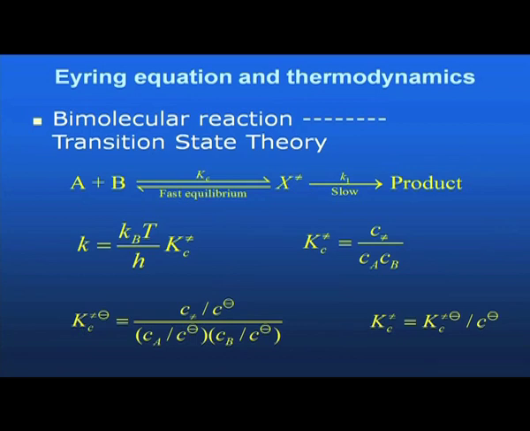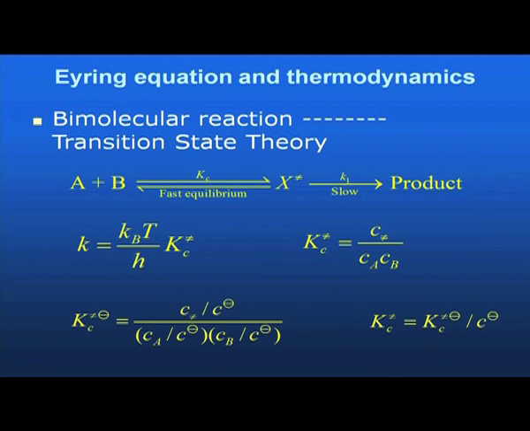Next, the Eyring equation and its relation with thermodynamics. Let us consider a bimolecular reaction under transition state theory, such that A and B are in equilibrium with the activated complex X double dagger.